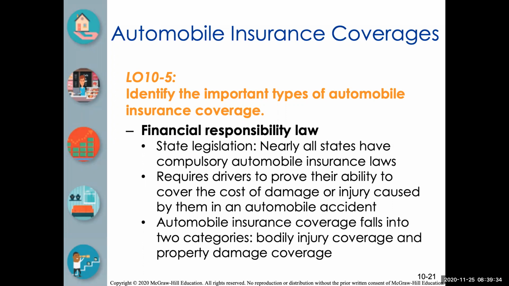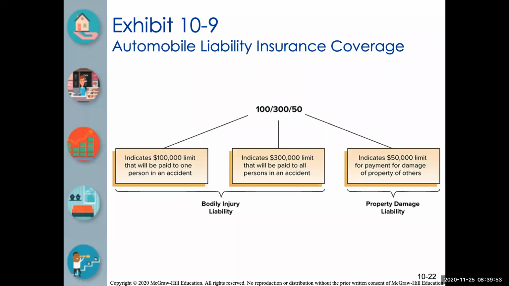The type of coverage that will deal with bodily injury and the type of coverage that deals with property damage. Which is why when we talk about the three different components of coverage, it's broken down into three different numbers. Two of which relate specifically to bodily injury and one of which relates to property damage.